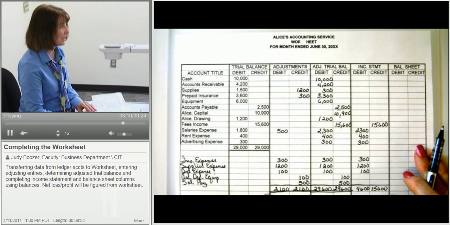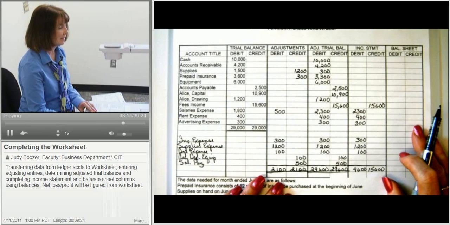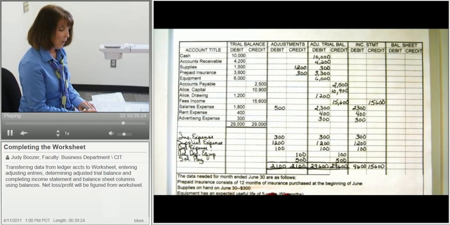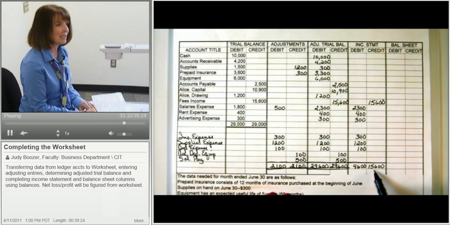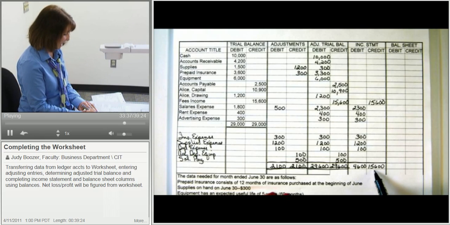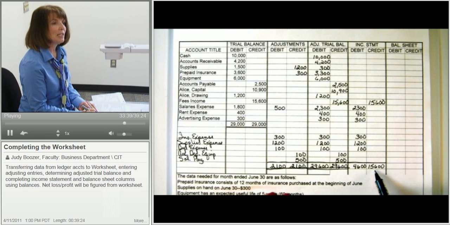And I'm going to move this up so everyone can see. When you get to the totals for the debit and credit for the income statement, you're going to take the lower amount and subtract it from the higher amount. So you're going to take the $4,600 and subtract it from the $15,600. What is the end result? $11,000. You're going to take that amount and add it to the lower total.